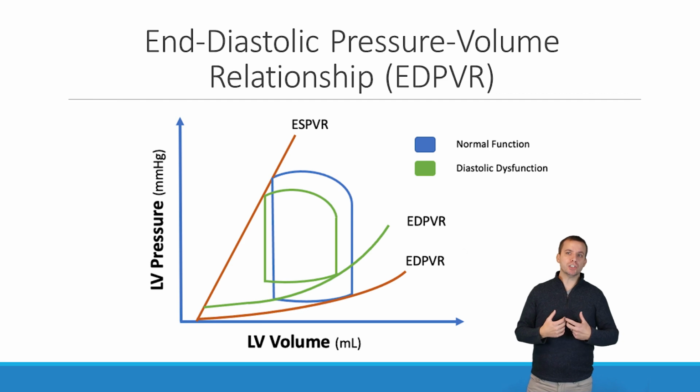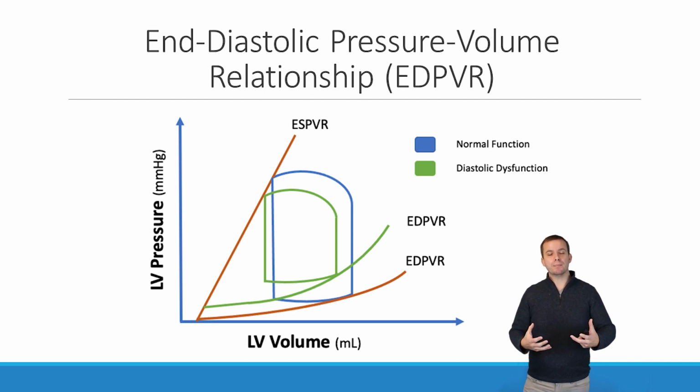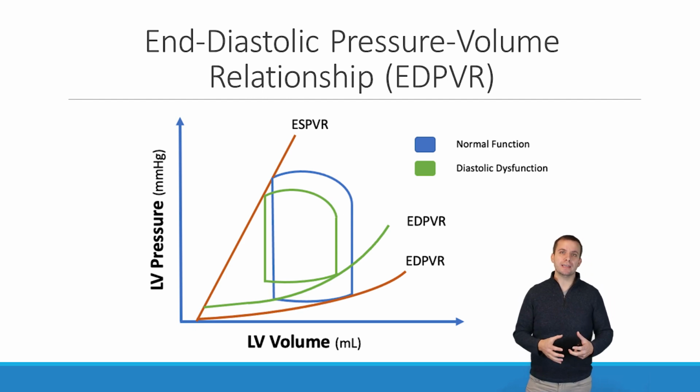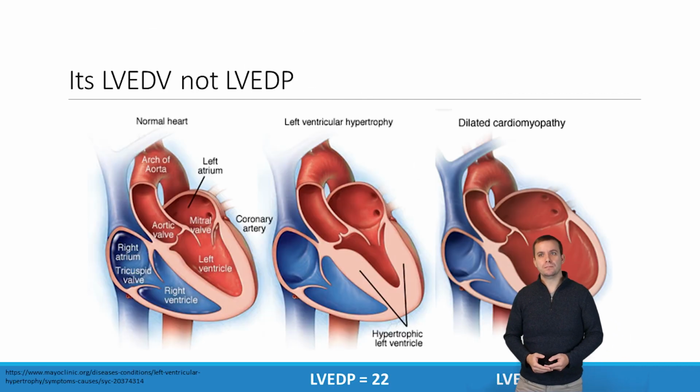So again, this shows you how pressures just aren't really good indicators, and that you actually need to be looking at that cardiac myocyte stretch. You need to be looking at that end diastolic volume, and that end diastolic volume is what's going to create that stretch, whereas the pressure is just going to depend on person to person.